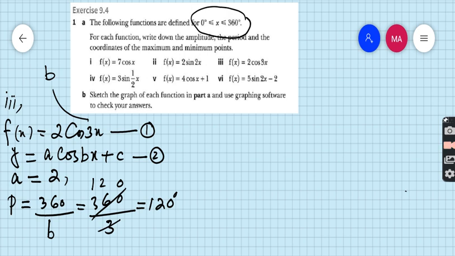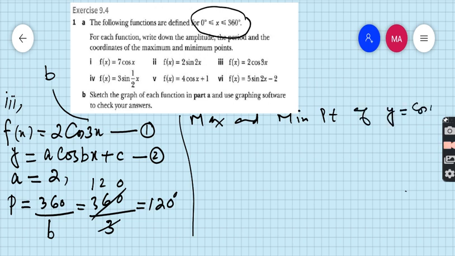Let's find the maximum and minimum points. Maximum and minimum points of y is equal to cos x are at 0 degree. The value of cos is maximum, 1. At 180 degree, the minimum value is -1.